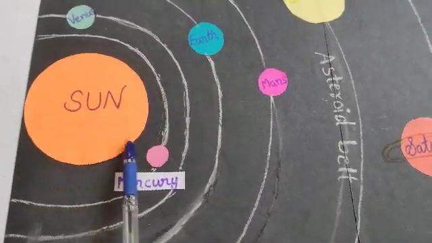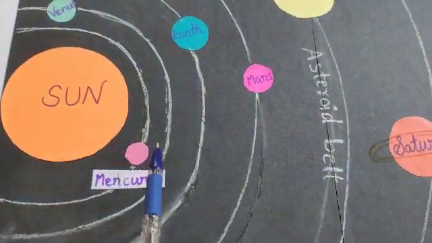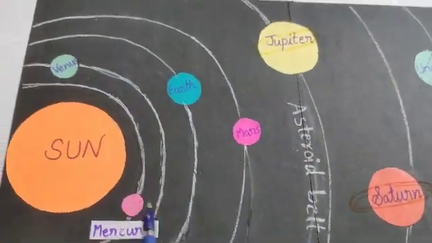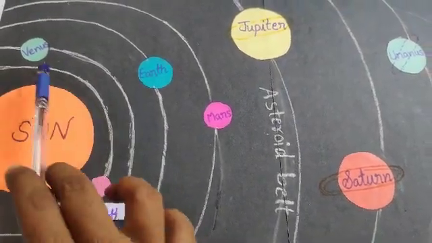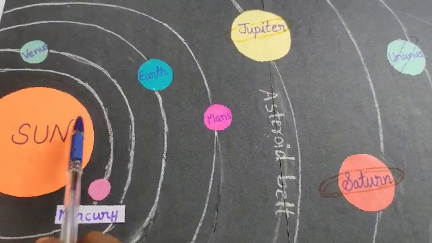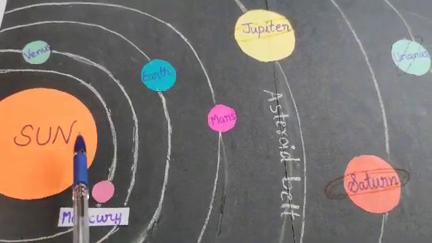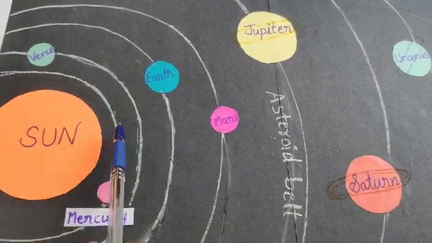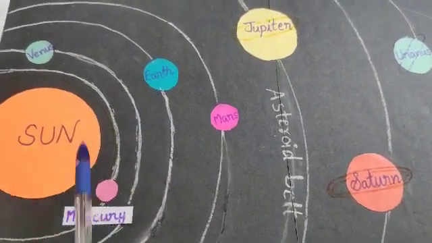Inner planets, Mercury, Venus, Earth, Mars, are made up of rocks. And we can't go near Venus and Mercury, because they are very close to the sun, and the sun's heat doesn't allow us to go near these planets.